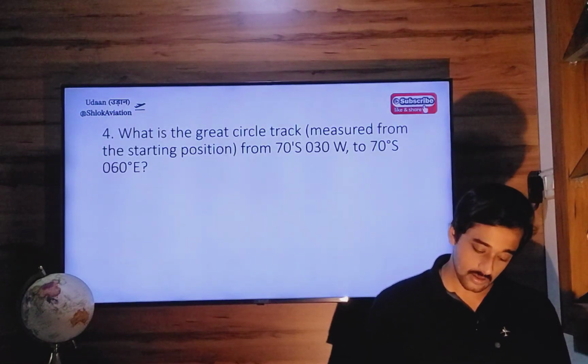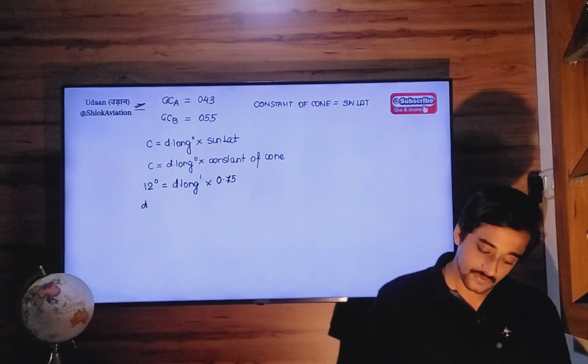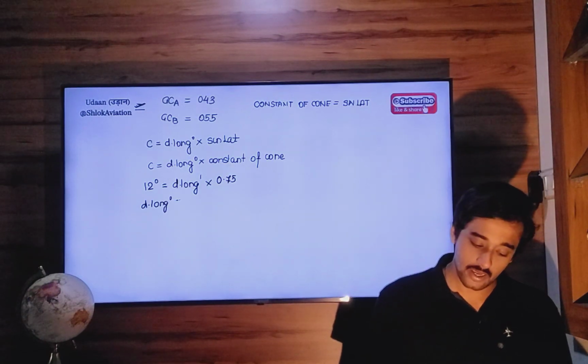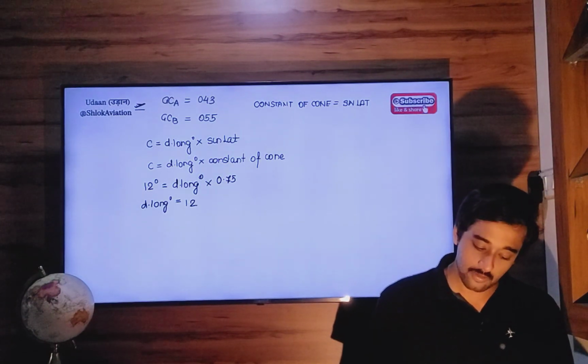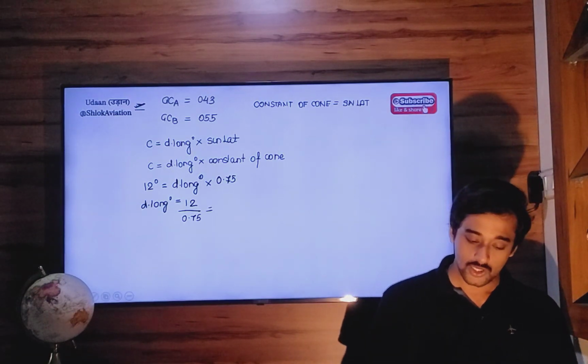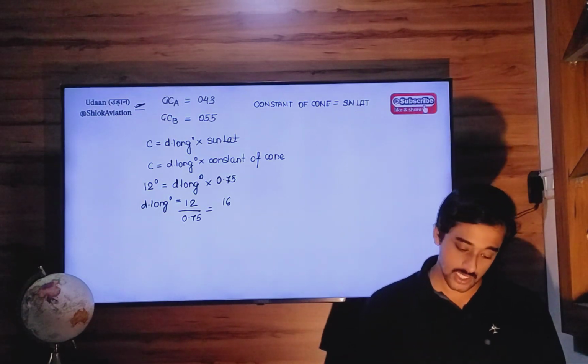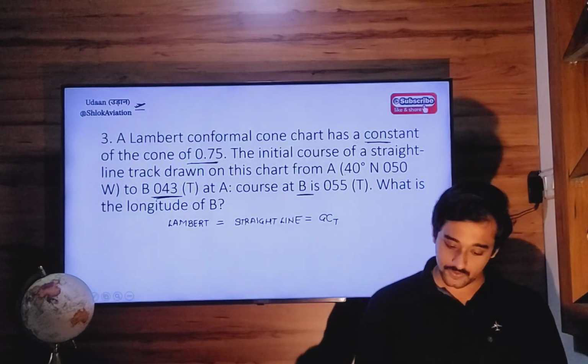So d long in terms of degree will be 12 divided by 0.75. So 12 divided by 0.75 is 16. So that means the difference between these two longitudes is 16 degrees.